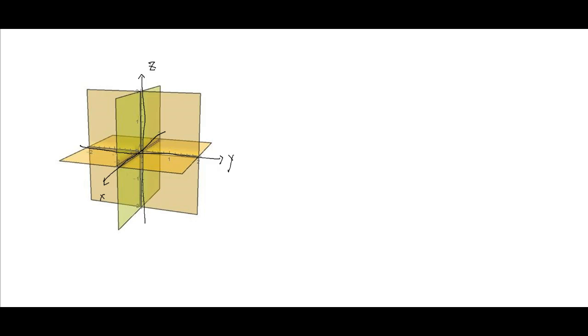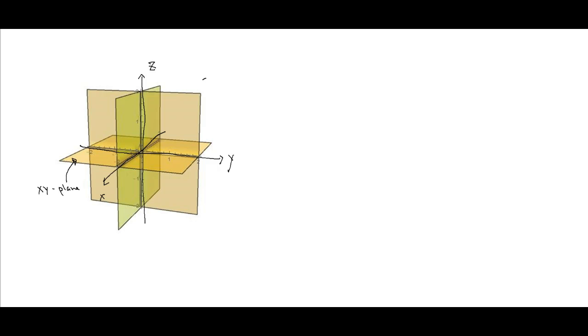And you can see the three planes drawn in this picture, right? The one that is horizontal, the yellow plane in this picture right here, is the one defined by the x and the y-axis, containing both x and y. So this one is called the xy plane.